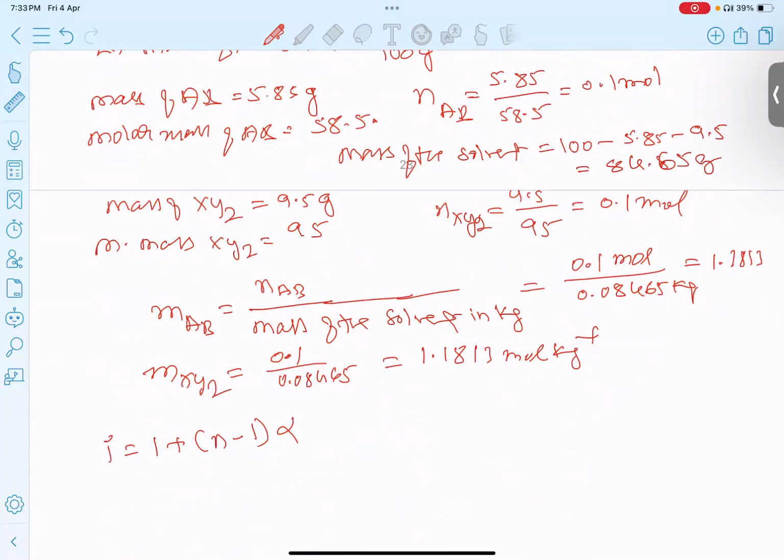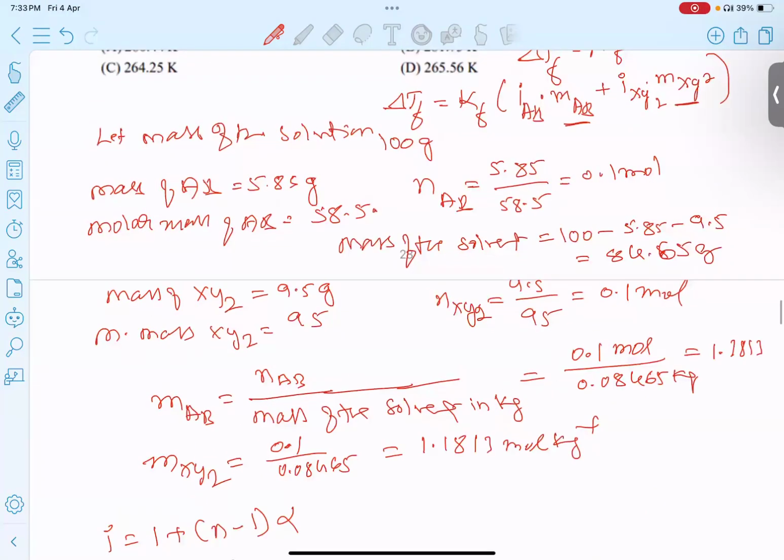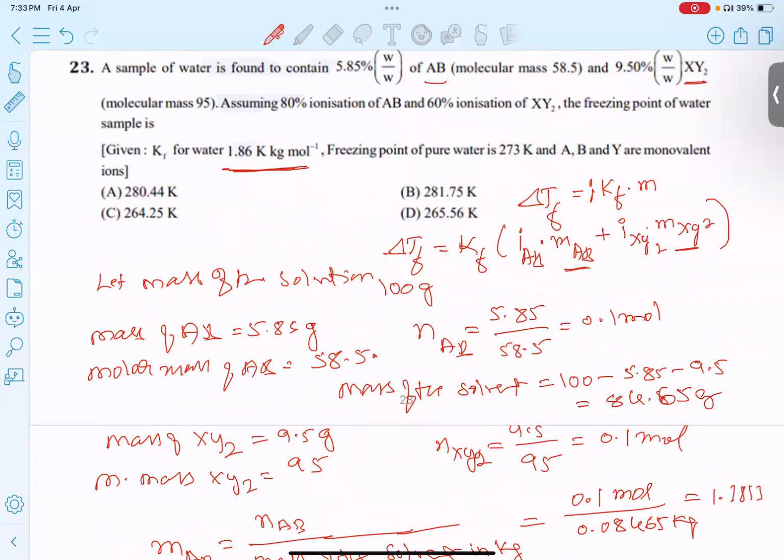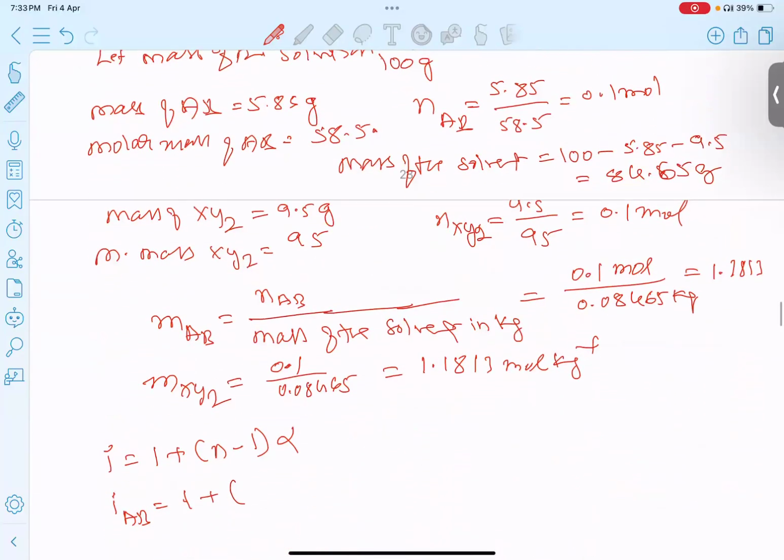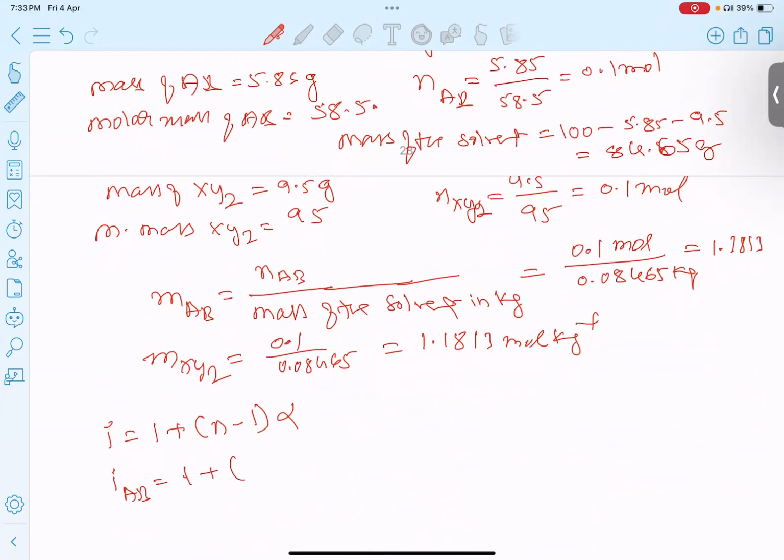First, let us calculate the van't Hoff factor of AB. One condition is given in the last sentence of the question: A, B and Y are monovalent ions. So after dissociation, AB gives two ions, A and B. That is, n is 2, so i is 1 plus (2 minus 1) into 0.8. So the van't Hoff factor of AB is equal to 1.8.